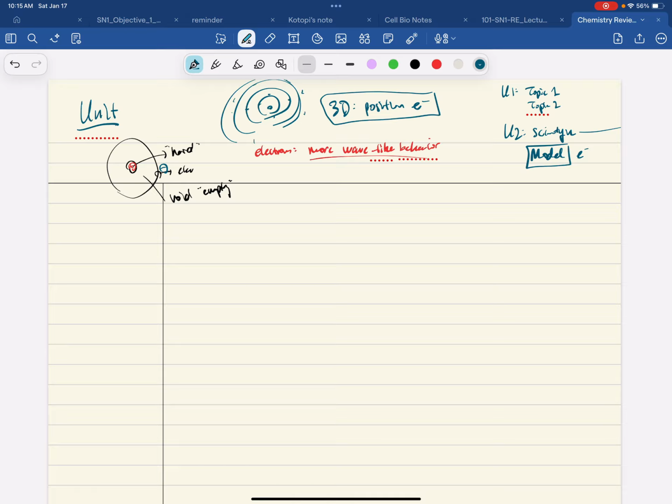It is not a 2D plane. The atom is much more complicated. We could think of it more like a 3D shape, but it's not that simple either. And after that, it's primarily the positions of the electrons. So let's just start right into it.